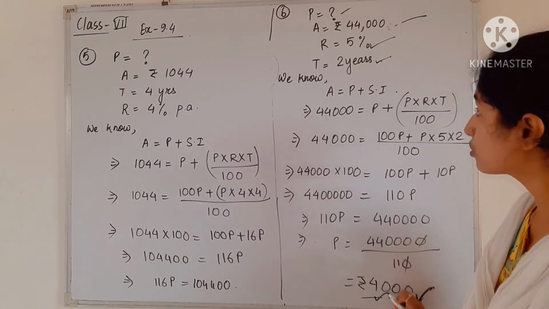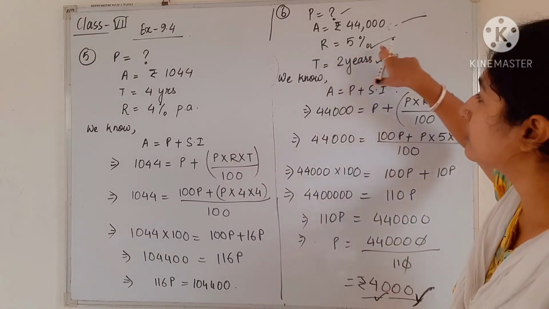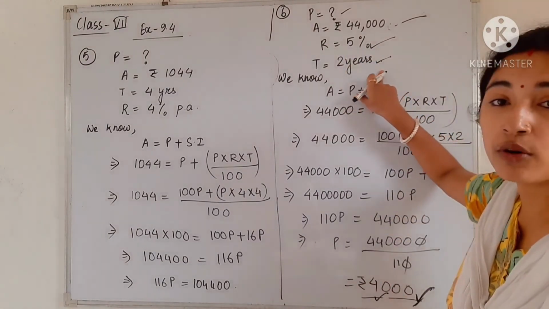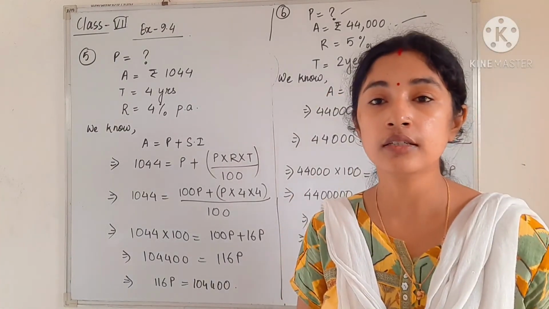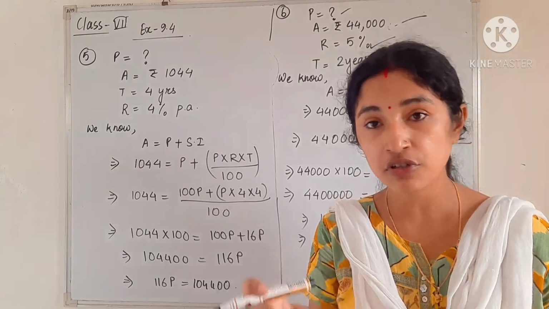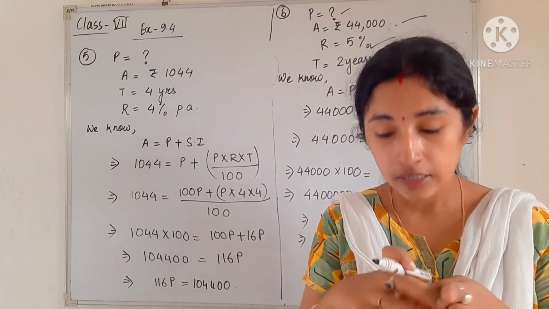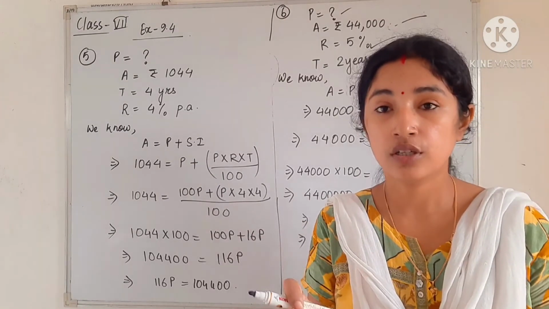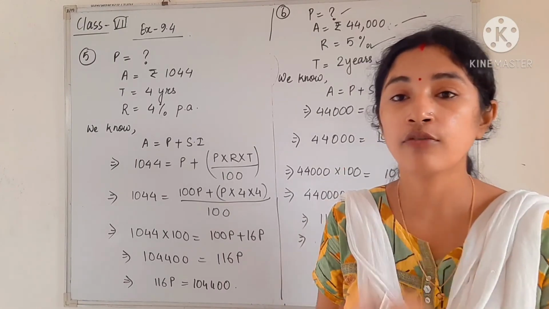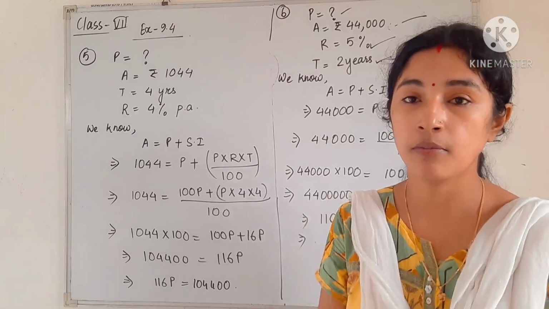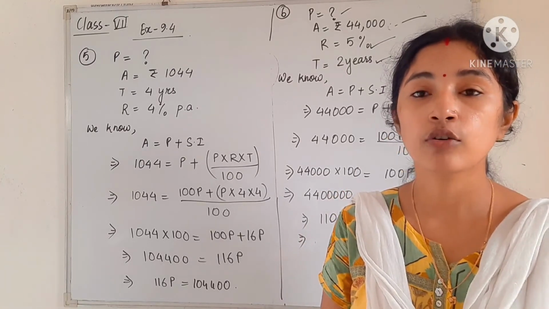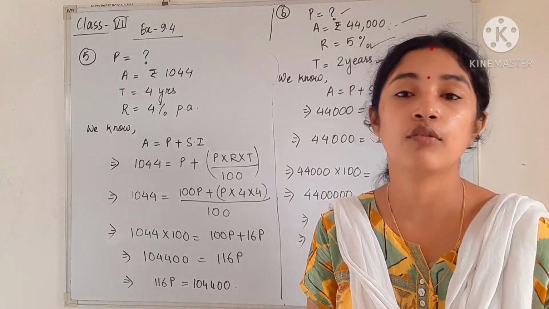Principal we have to take this one, rate will be this one, and time will be changed, that will be 3 years. So using that we have to find first of all the simple interest. That means what will be the interest which we will get during 3 years. So that interest we have to add finally to the principal to get the final amount. So we have to find first of all SI, then we have to find A.